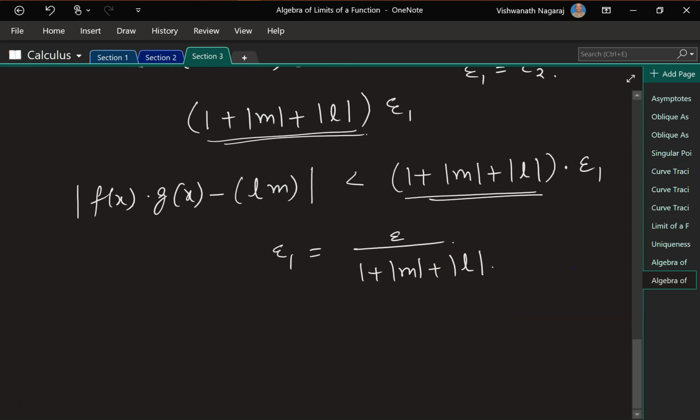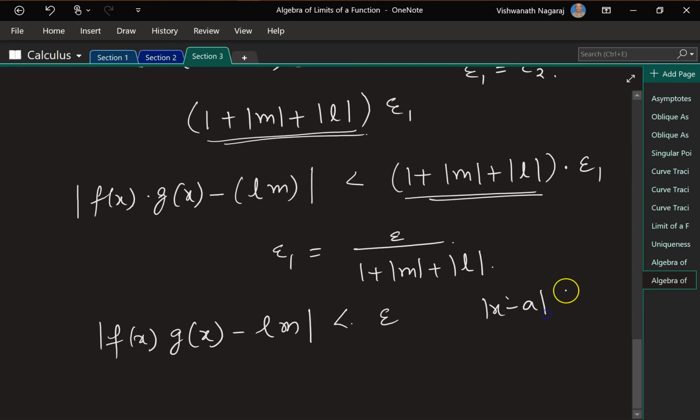So what will happen if we do the substitution? We'll end up with |f(x)g(x) - Lm| is less than this, and this will get cancelled out and we will be left with epsilon. And the condition still remains. What is that? |x - a| is between 0 and delta.